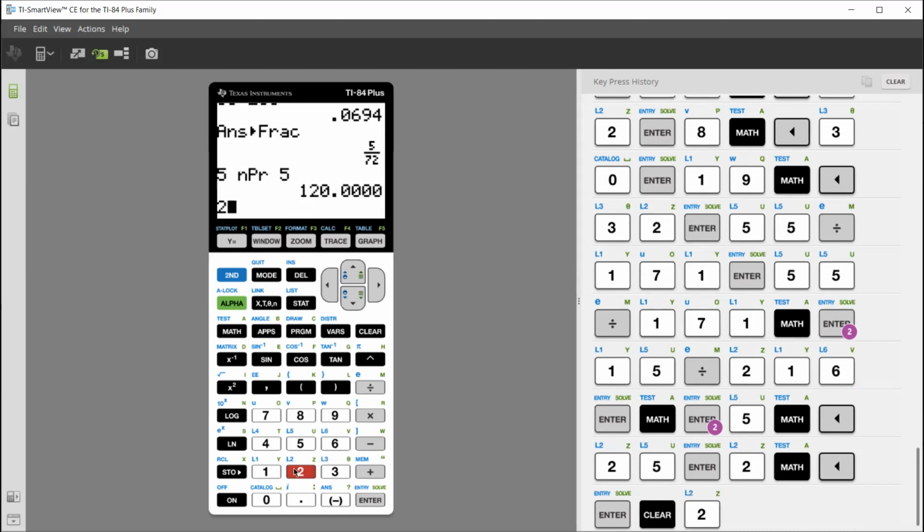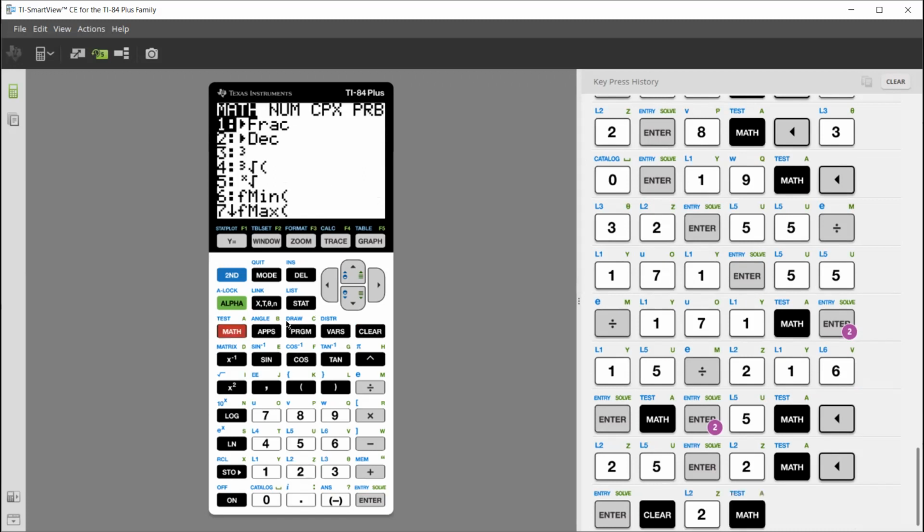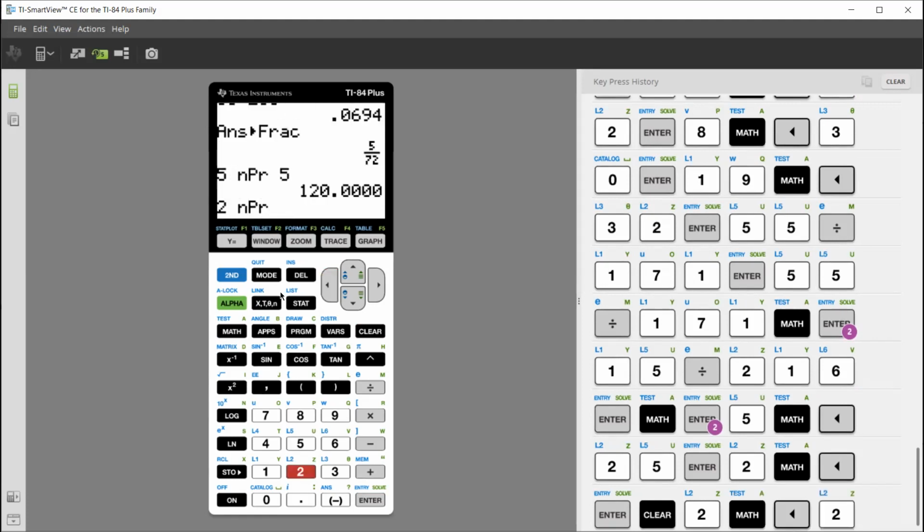So this is going to be 2, and I use permutation this time.